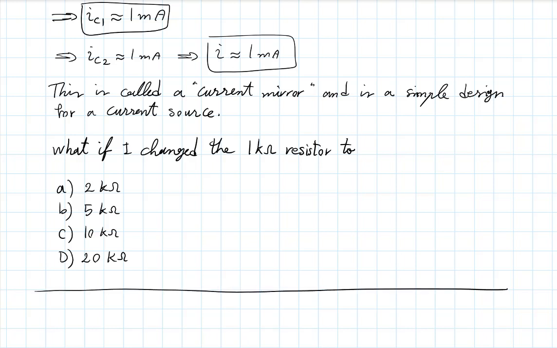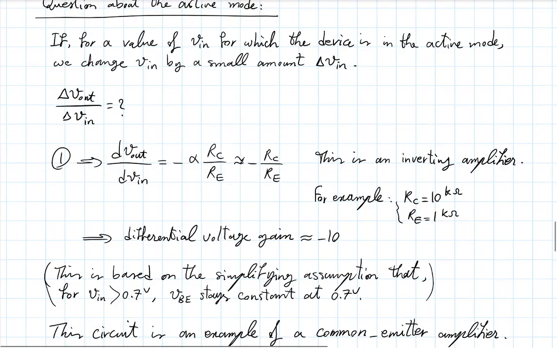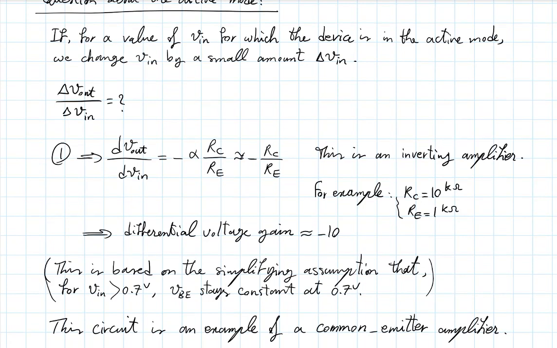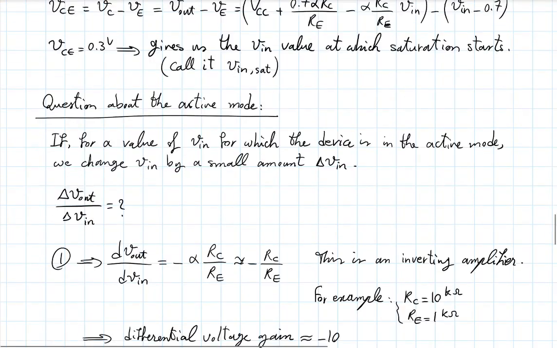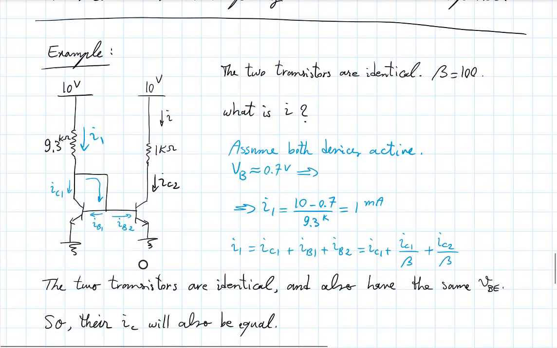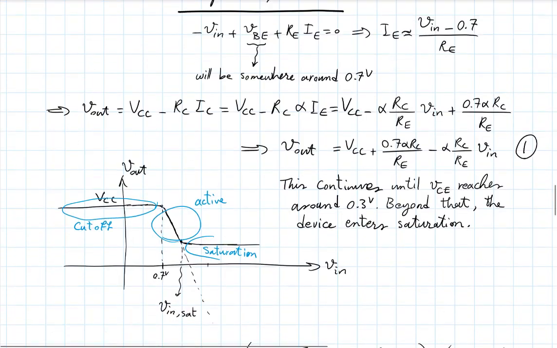But remember, there are two very important things that we saw today in terms of applications of transistors. These are of broad importance. This differential gain that we saw in this common-emitter amplifier, and this current mirror configuration acting as a current source.